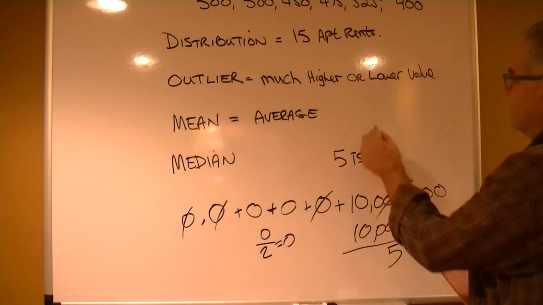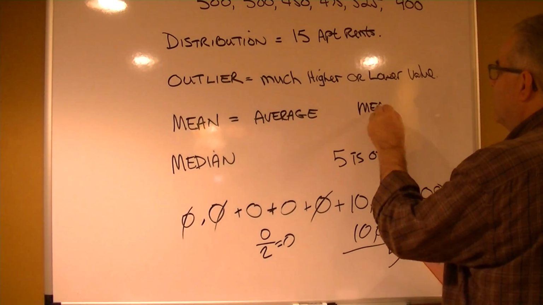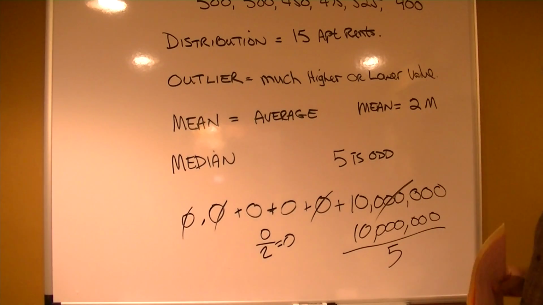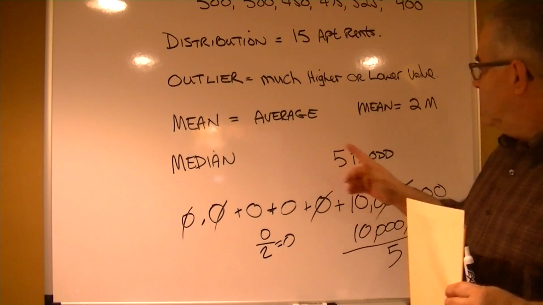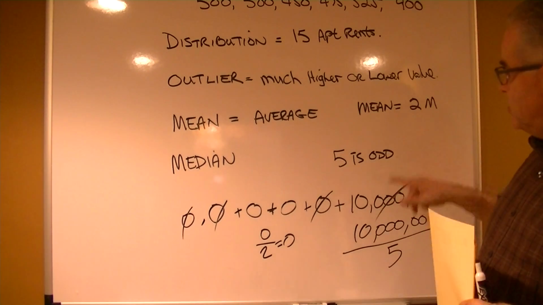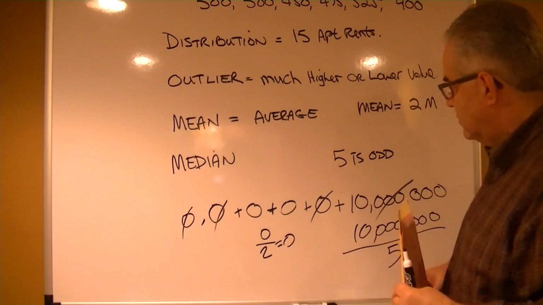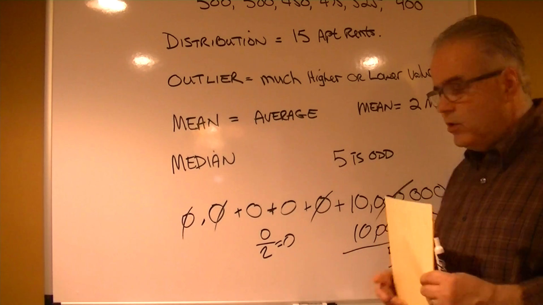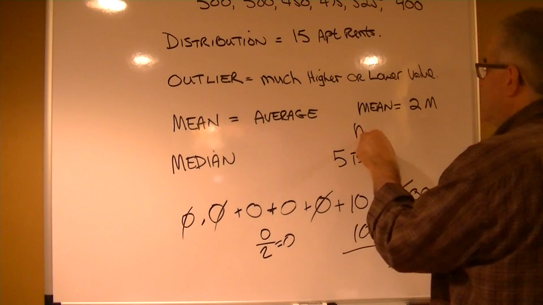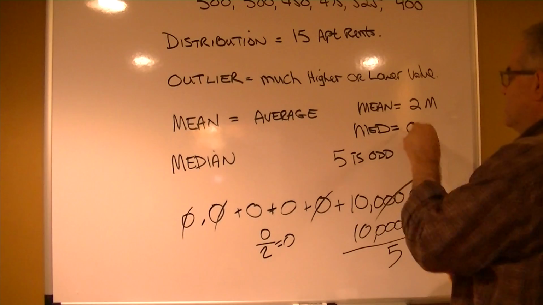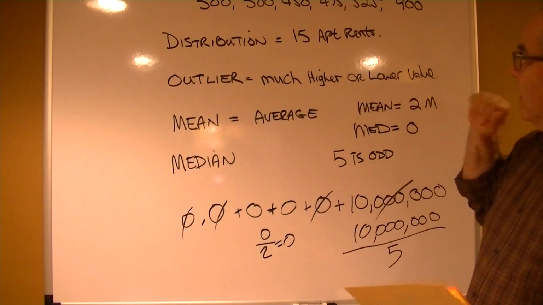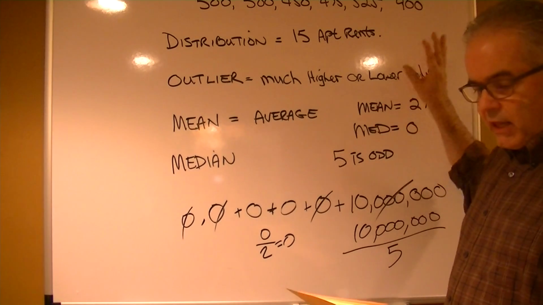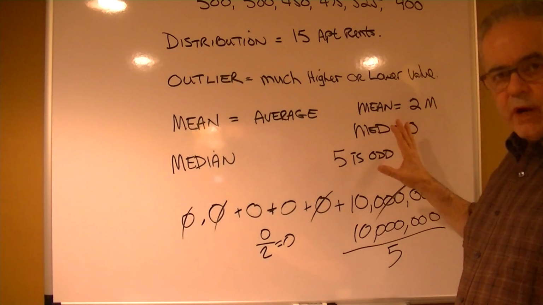So the mean equals 2 million. I'll write it up as 2M. So we got the mean is 2 million. The median, we did this earlier and we said that the median was 0, the number in the middle. So the median here equals 0. So the higher outlier caused the mean to be higher than the median rent.